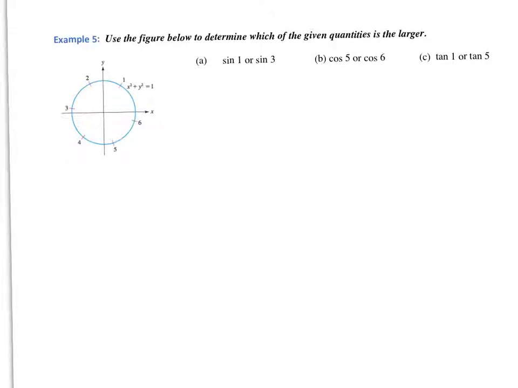Now cosine of 5 versus cosine of 6. Cosine is the X value that gets us down to 5, and cosine of 6 would be the X value that gets us out to 6. So is it further to go out to 5 and then down, or further to get all the way out to 6? The 6, so cosine of 6, because remember, we're talking about the X value.